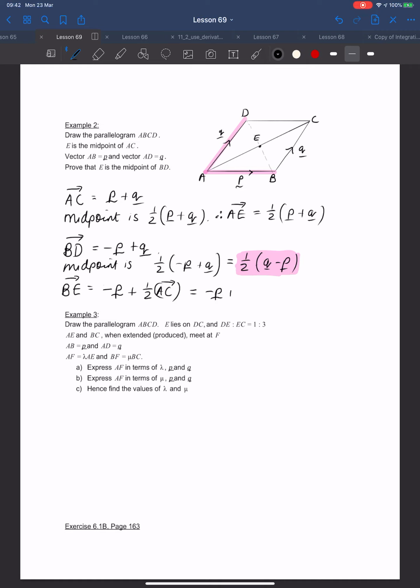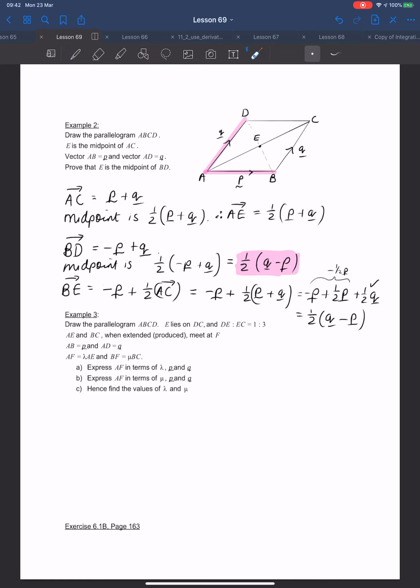So it's minus P plus a half of P plus Q, which is minus P plus a half P plus a half Q. This is going to be a half of Q, because that one's positive, and then for the P's, we've got minus 1P plus a half P, which is minus a half P, with a half outside.